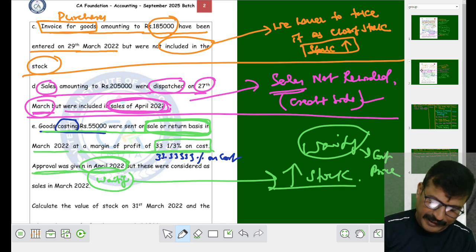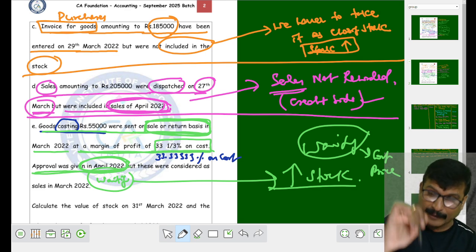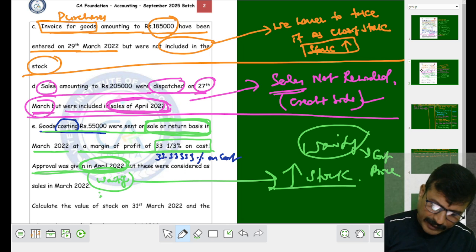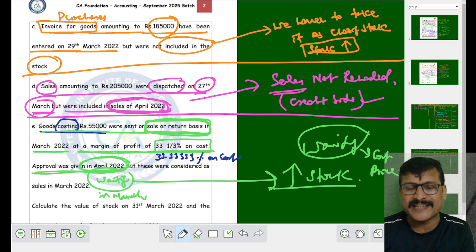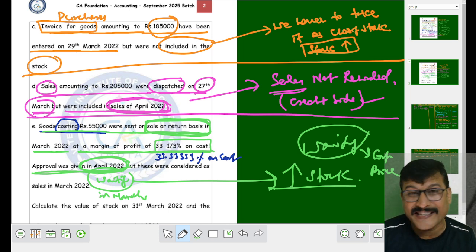Approval was given in April. अप्रैल में अप्रूवल हुआ तो वेटिंग कब रहा था? वेटिंग इन मार्च. मार्च में वेटिंग रहता. मार्च में वेटिंग रहता बोले तो टेक इट इन सच ए प्लेस वेयर द अमाउंट ऑफ स्टॉक इज रिटर्न.